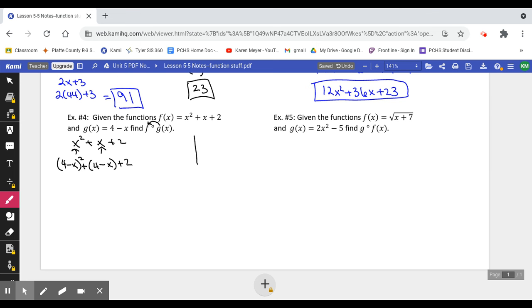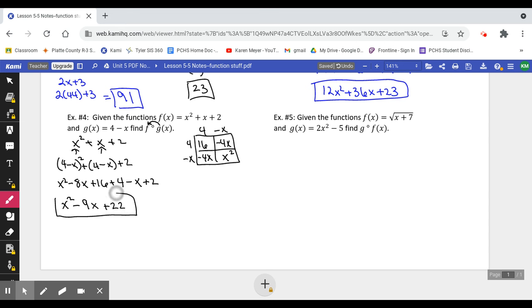Remember, quantity squared means two identical things, so make your box or FOIL if you like that better. That gives me 16 minus 4x minus 4x, and then positive x squared. So x squared minus 8x plus 16 plus 4 minus x plus 2. Now combine your like terms: x squared minus 9x plus 22, and you are done.